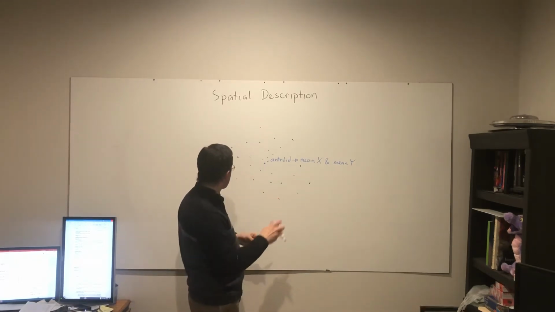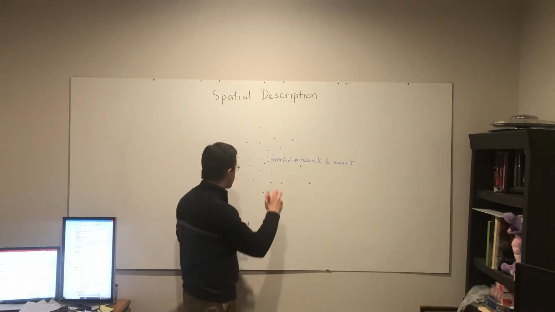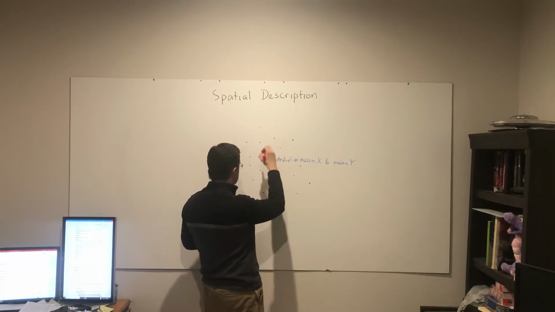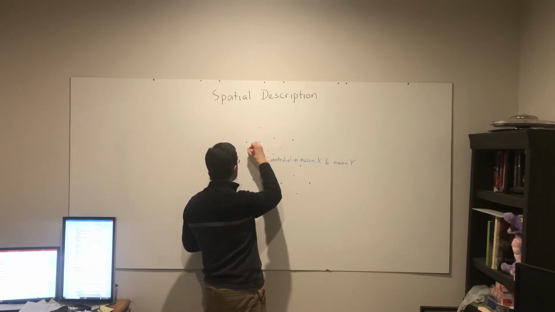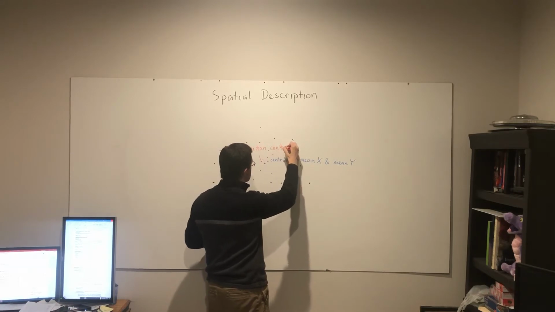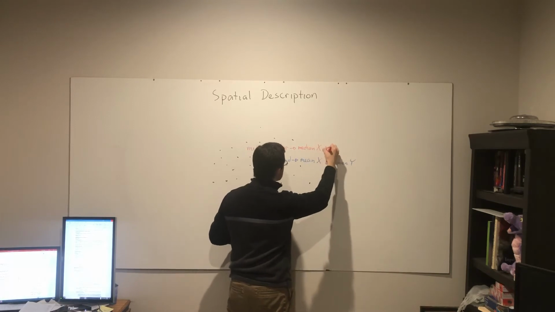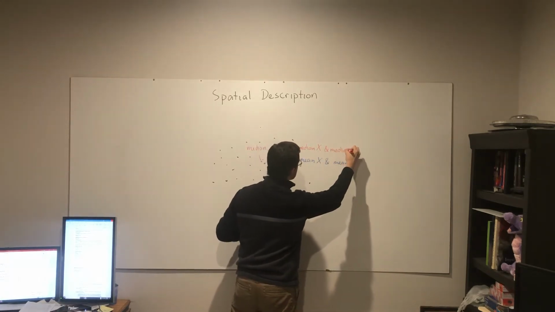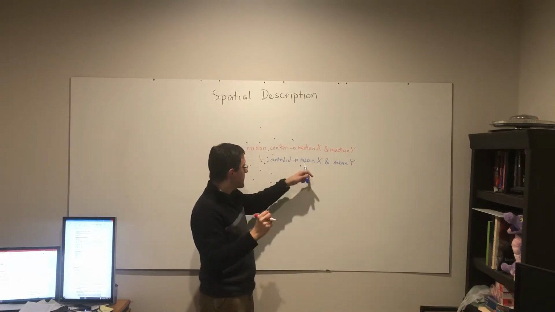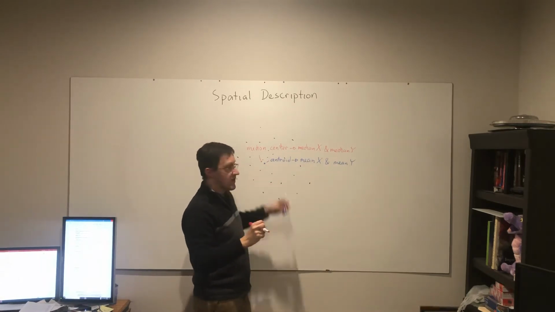The way I drew this, the median center would be pretty much the same. If I took the median of the x values instead of the mean, and the median of the y values instead of the mean, I'll get the median center.